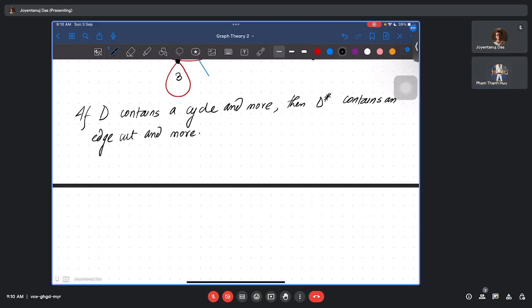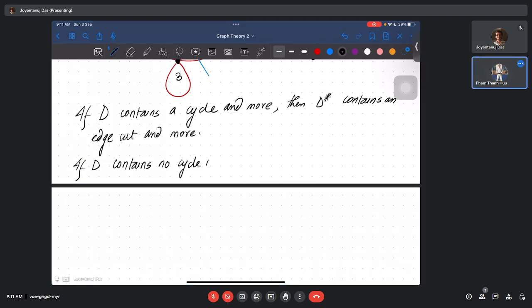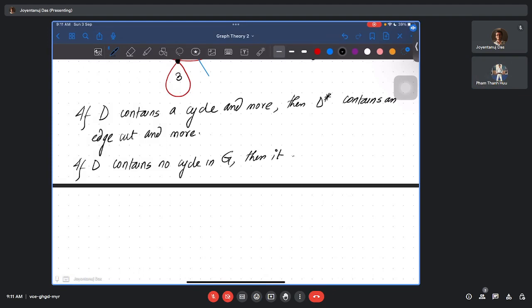And if D contains no cycle in G, then it encloses no region.